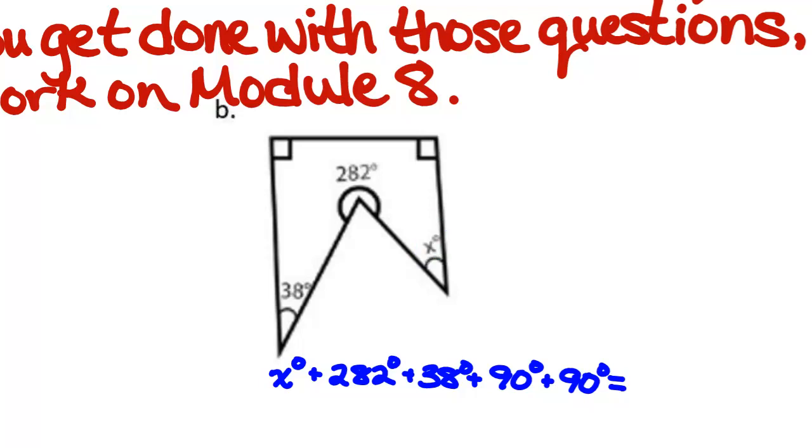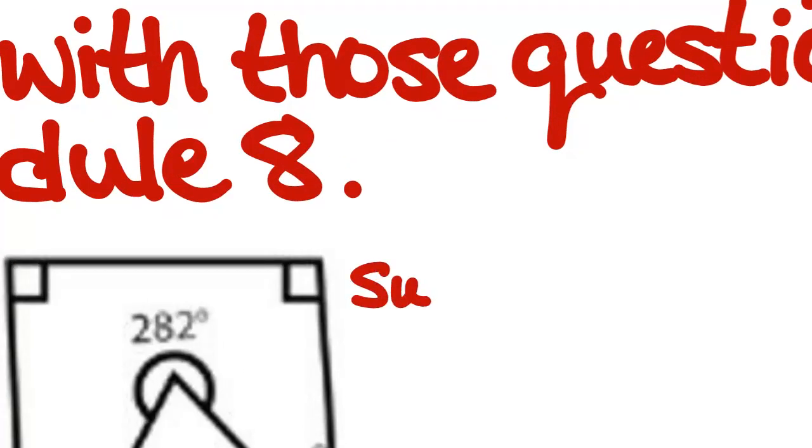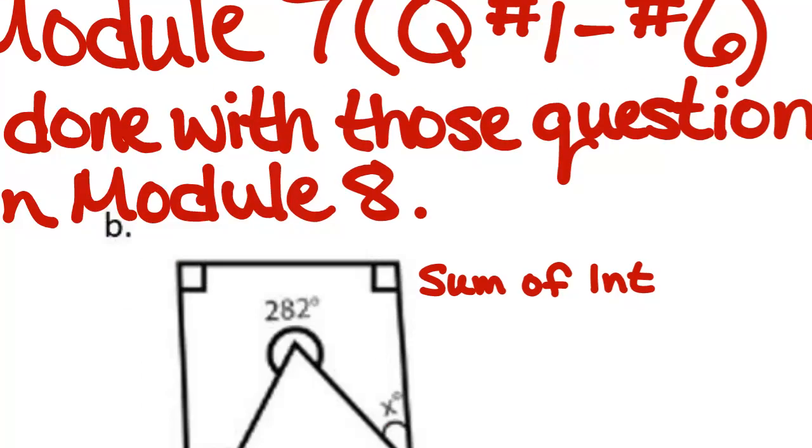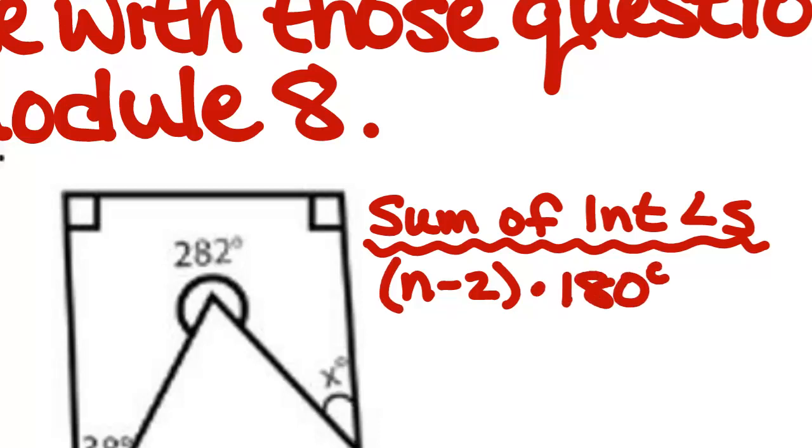And then we have to set this equal to whatever the sum of the interior angles would be. And the way you find the sum of the interior angles, you do n minus 2 times 180 degrees, where n is the number of sides of the figure.